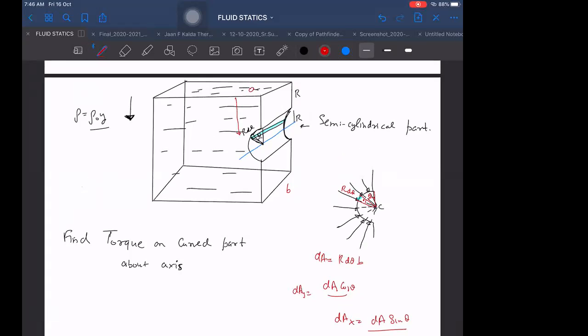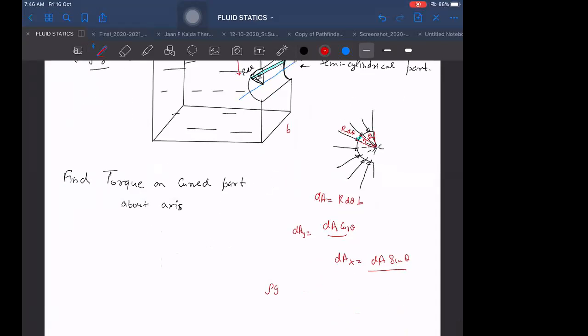Then up to this, it will become rho g r plus r minus r cos theta, right? The extra part here is r minus r cos theta, and above that already it was r. So r plus r minus r cos theta into rho g r.